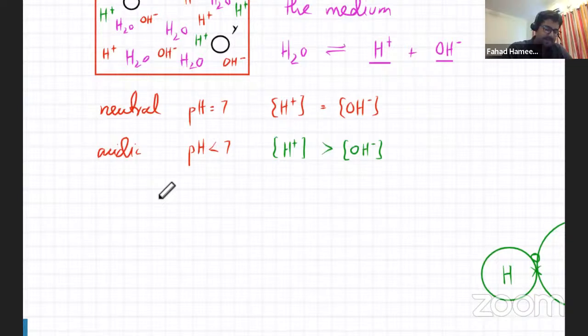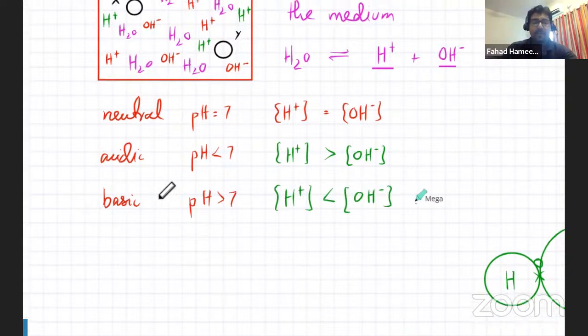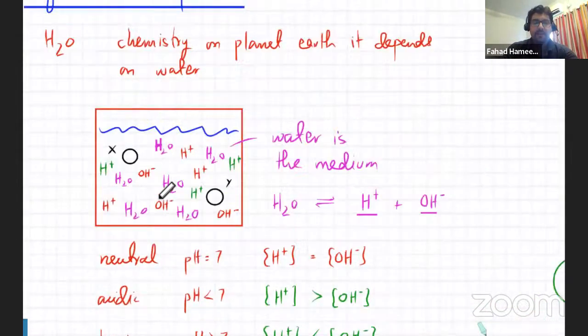And what will happen in a basic medium? What would a basic medium look like? Now in a basic medium, you call that pH greater than 7, right? So in a basic medium, the quantity of H+1 goes down, and vice versa, the quantity of OH ions goes up. And this is what a base will do.